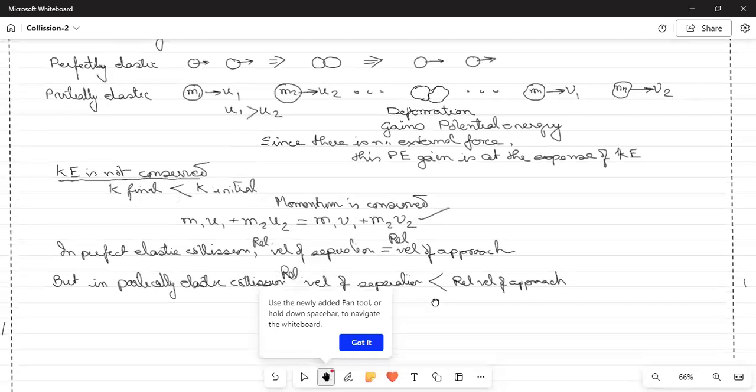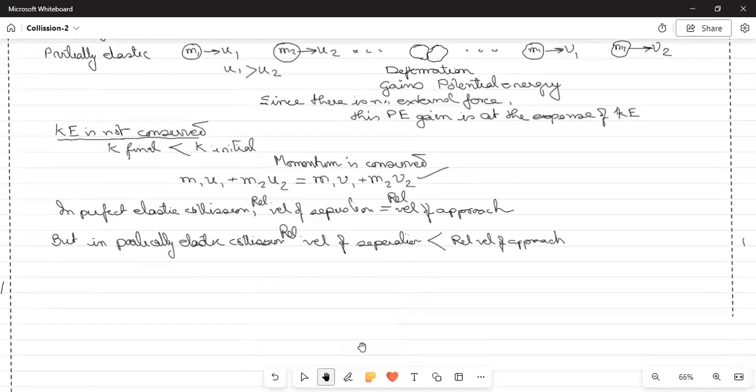And their ratio is given a special name.